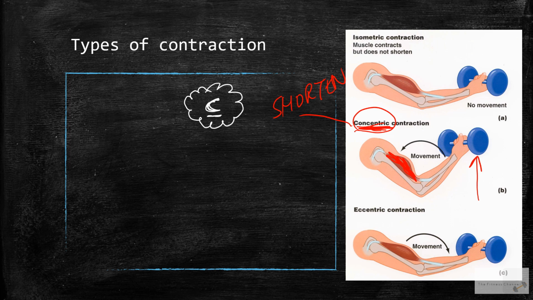The opposite of that is if you take that same weight and you slowly lower it down, so you're not relaxed, you're actually providing tension, but you are lengthening the muscle. That is what we refer to as an eccentric contraction.